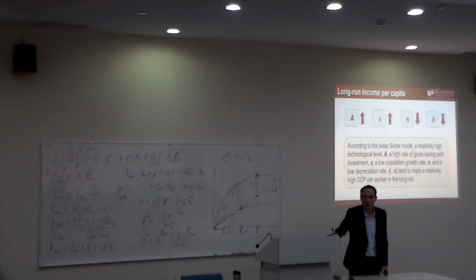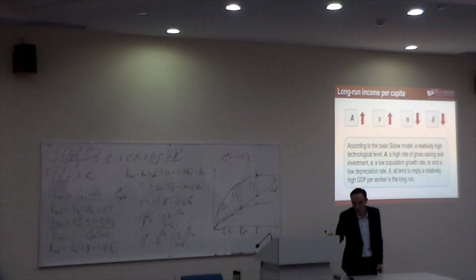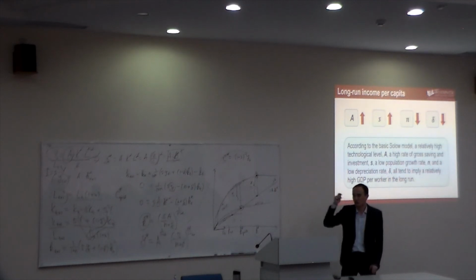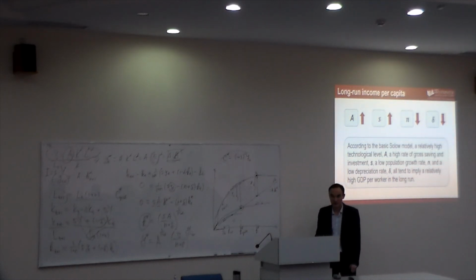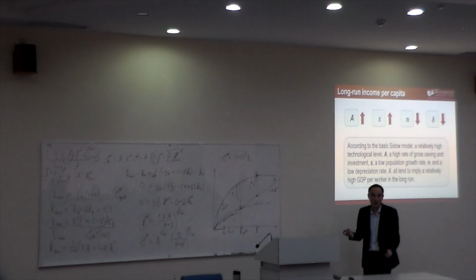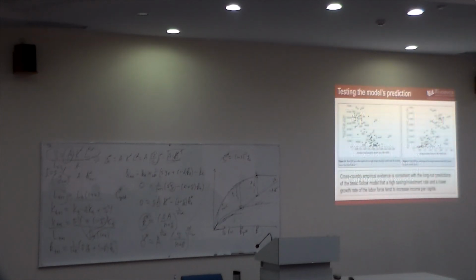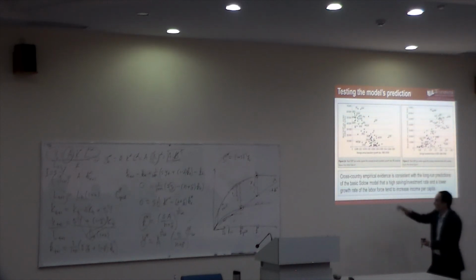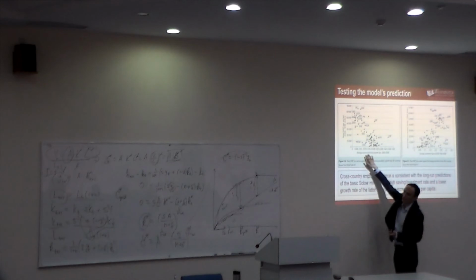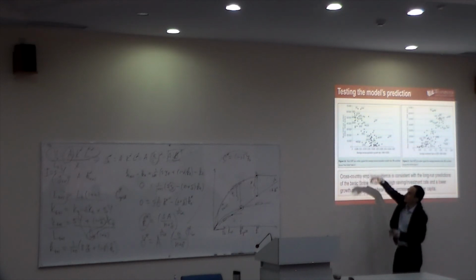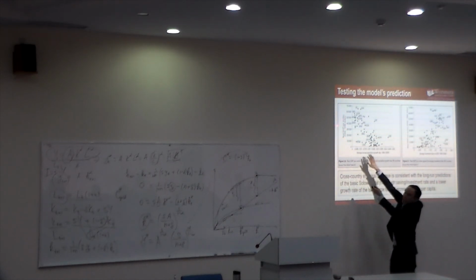We have to control population growth. Some countries strictly implemented this kind of policy. If population is growing, output per capita will not grow. And this is empirical evidence again. You can see the average annual population growth, and GDP per worker is regressed on this.